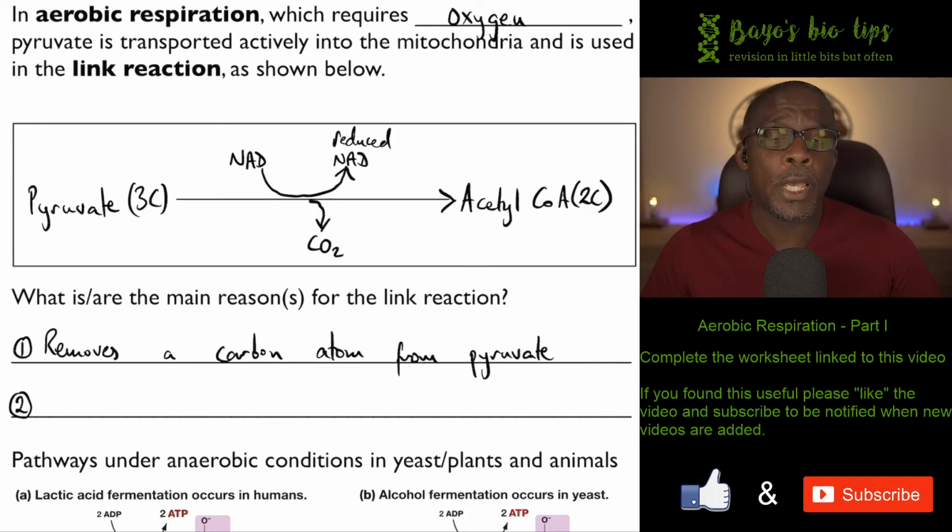But as well as doing that, it generates reduced NAD, which is required for one of the later processes in respiration, oxidative phosphorylation. And we'll talk more about that later.